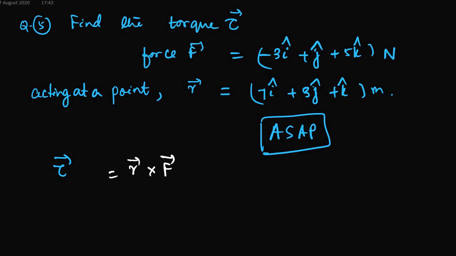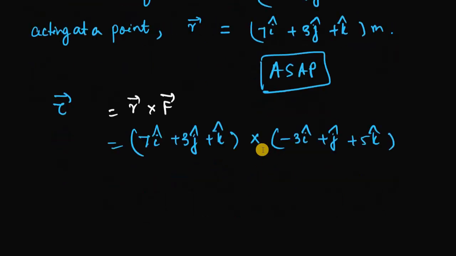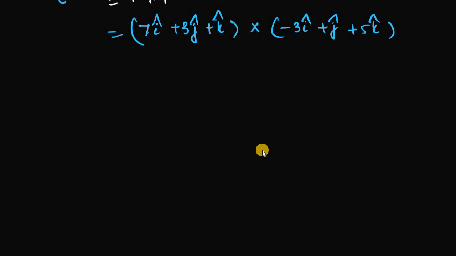Okay. So according to that, we will place the values: 7i plus 3j plus k cross minus 3i plus j plus 5k. I will write it in matrix form. In determinant form, it would be i, j, k, drop down.